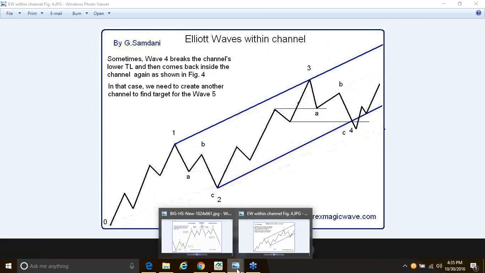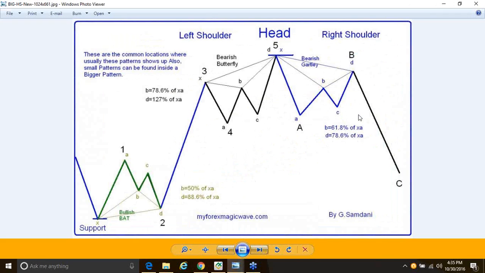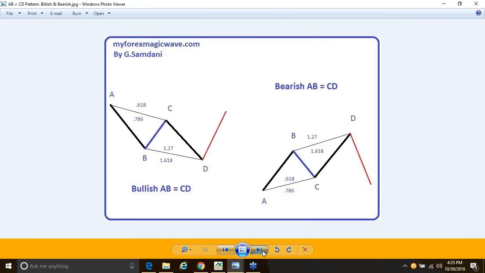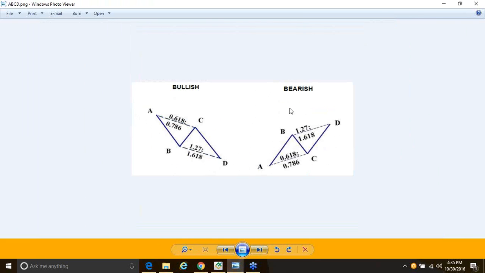I'm just getting confused here. Wave 4 should be 38%, but where does it say? I don't know, maybe in some other diagram. Anyway, let's go back here.